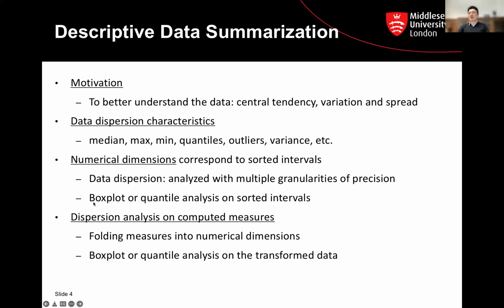Okay, and we're going to introduce the box plot later on if you don't know that yet. It's most related to the concept of quantile, and related to the mean and median. And finally, we're going to talk a little bit about more advanced computations in terms of folding measures into numerical dimensions.